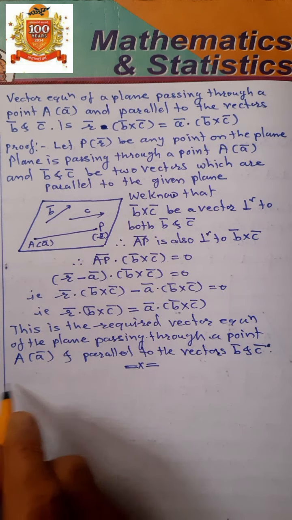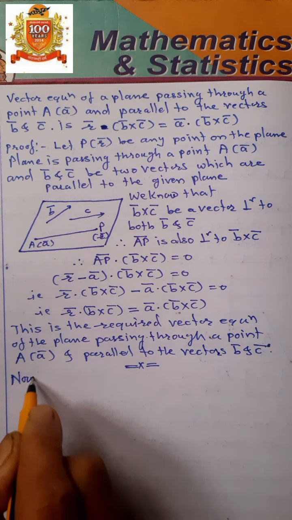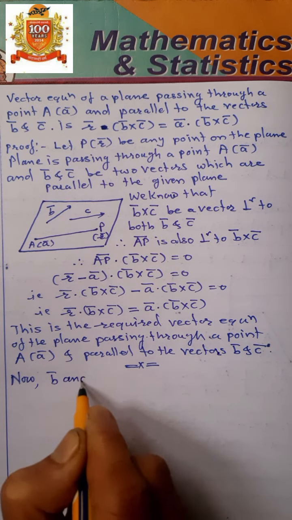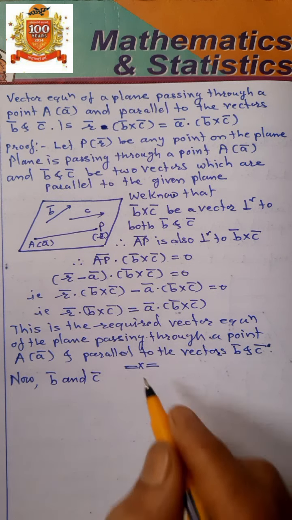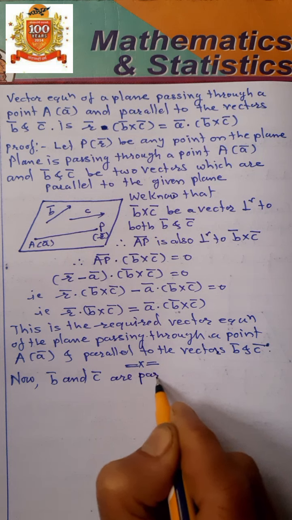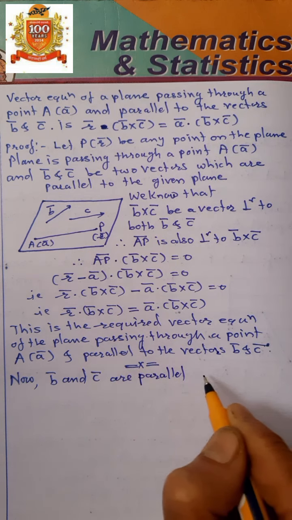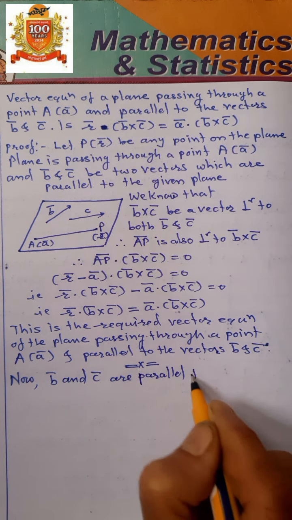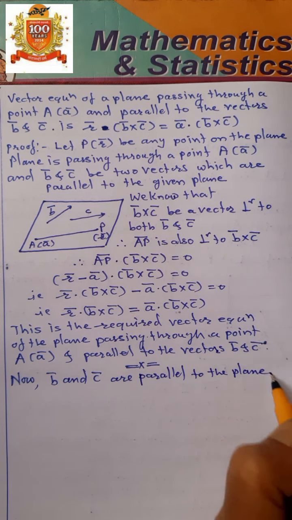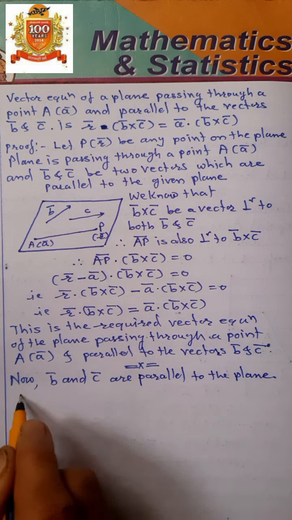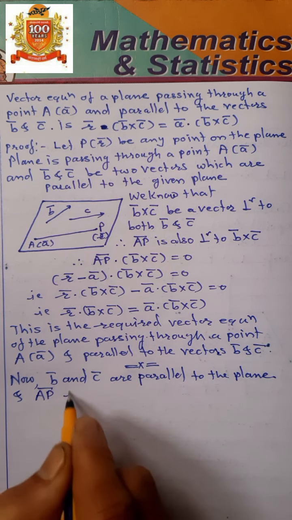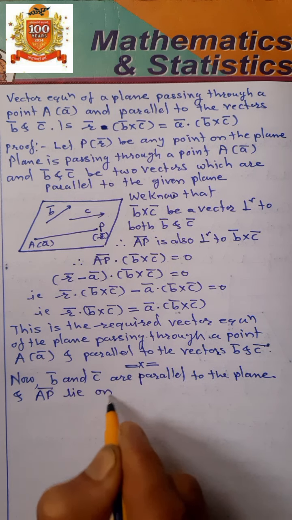Now B bar and C bar are parallel to the plane, and AP bar lies on the plane.